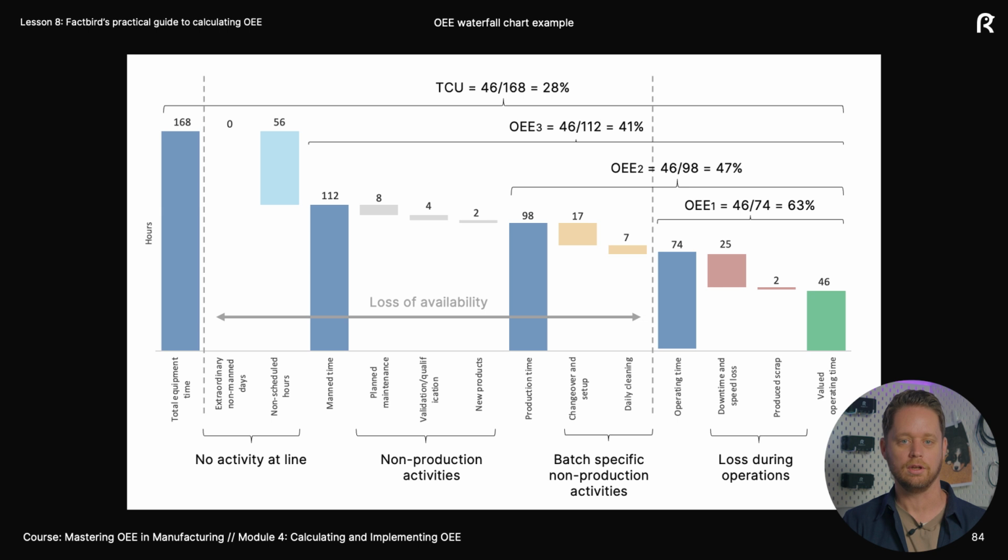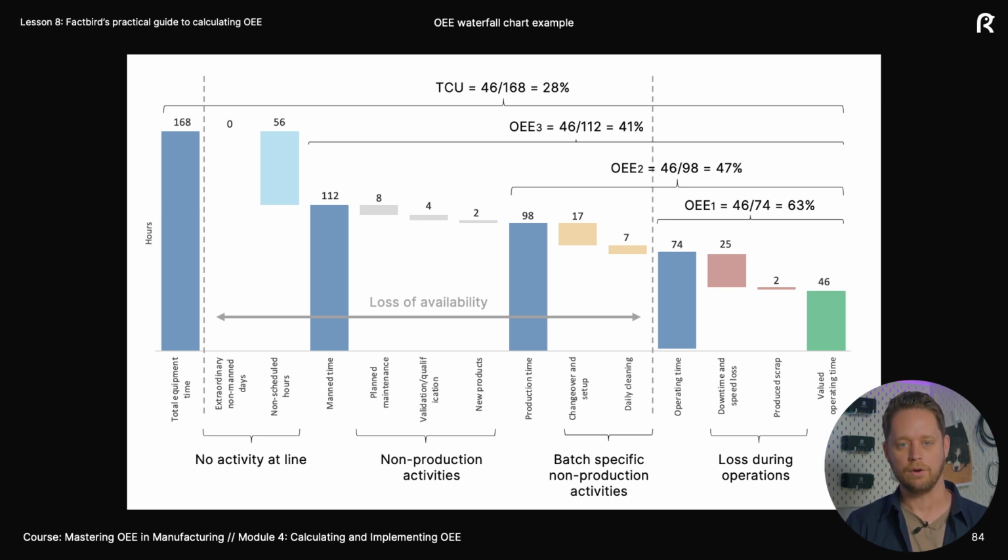So if you have a 30-minute SLA for cleaning, oftentimes we'll come in and they're running at 37, 40 minutes, but they're not paying attention to it on a daily basis. So once we have FactBird installed in there and they really start to focus on it, they actually gain a lot of OEE uptick in OEE2 in particular. So those are some of the nuances as you start to calculate OEE and really understand it on the factory floor, and it's backed up and validated by data, where we start to see some of the biggest gains.